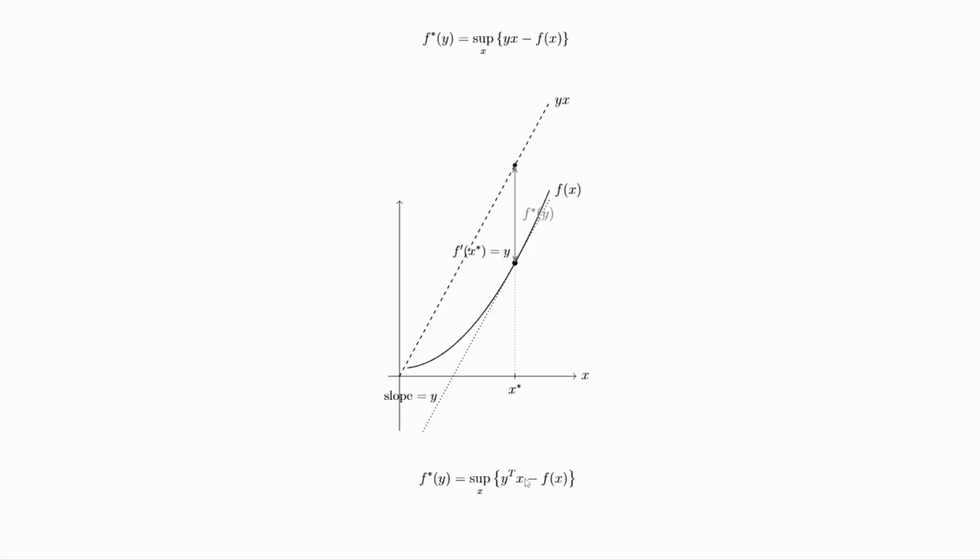It's because for each fixed x, the expression y transpose x minus f of x is just an affine function of y, so it's a hyperplane in y space. And f star is the pointwise maximum over all of those hyperplanes. Of course, the pointwise max of affine functions is always convex. We saw this before.